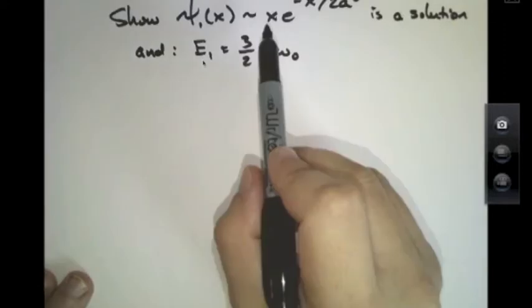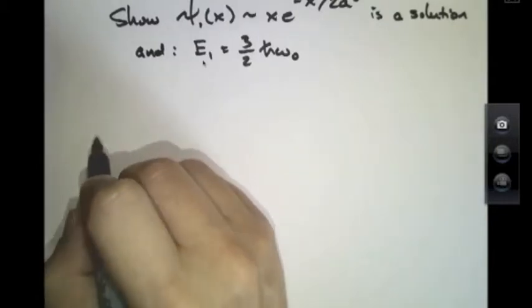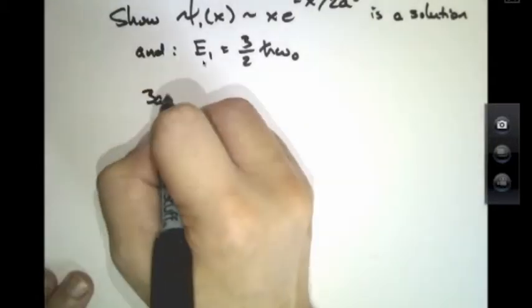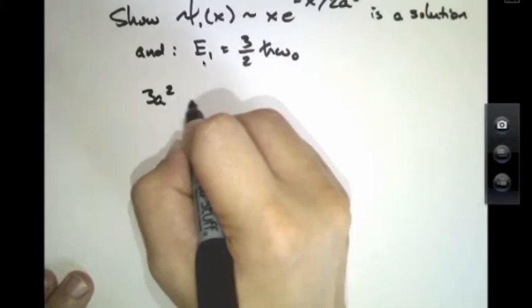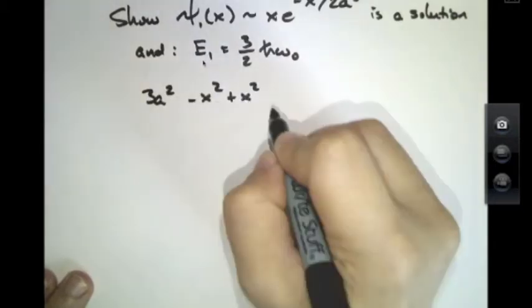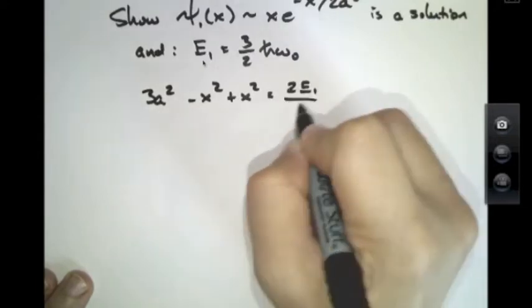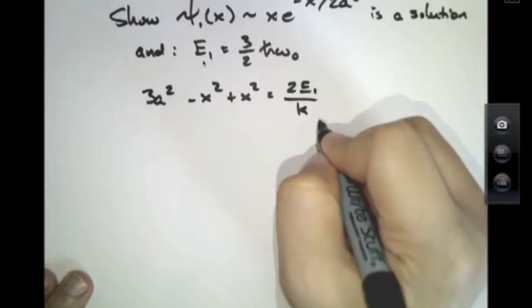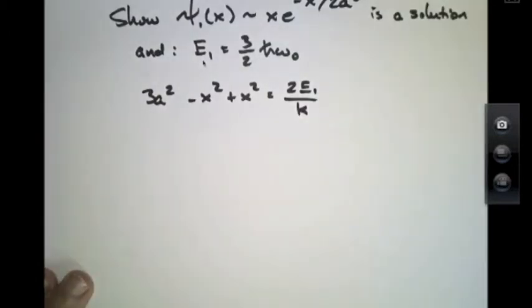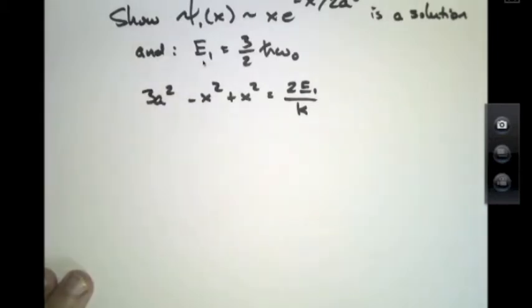Well, when I take this second derivative, I'm going to have a few terms here. After canceling out Gaussians, I'm going to have an expression that looks like 3a squared minus x squared plus x squared equals 2E over k.